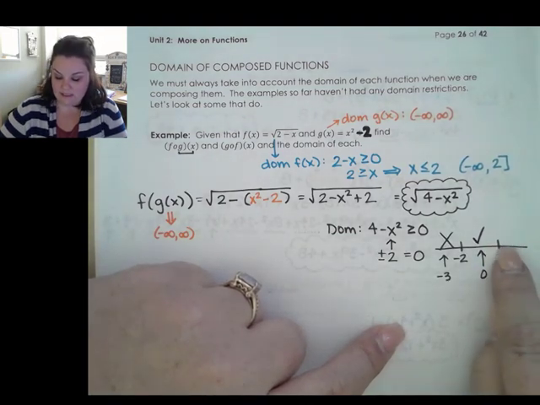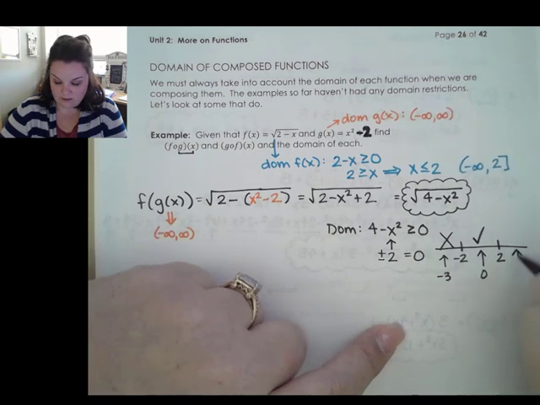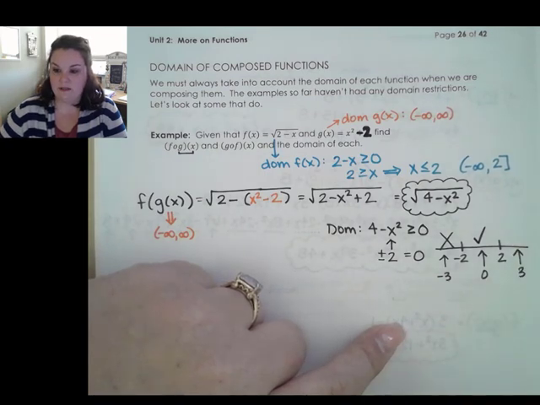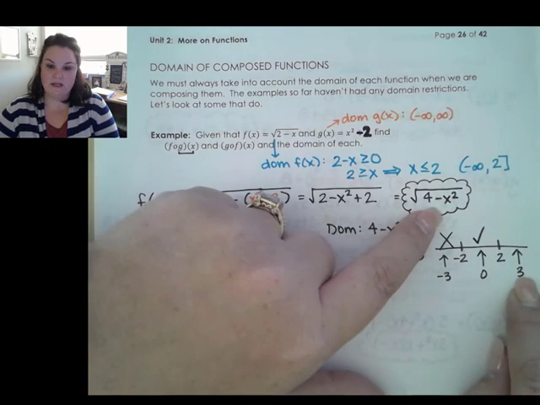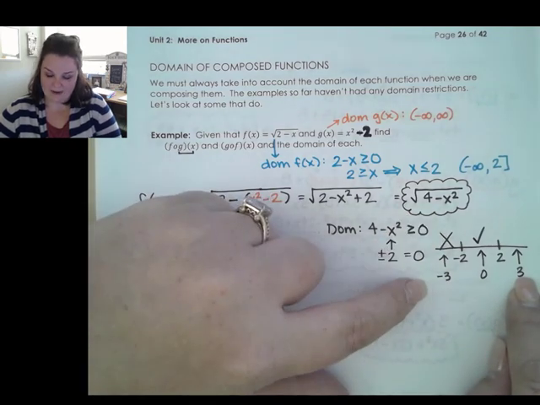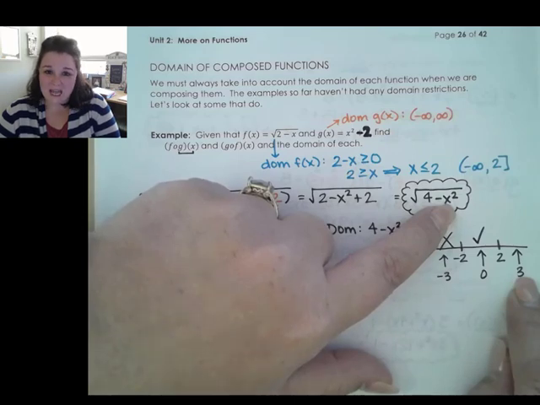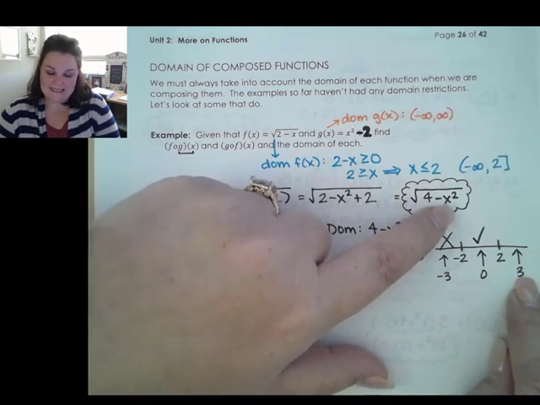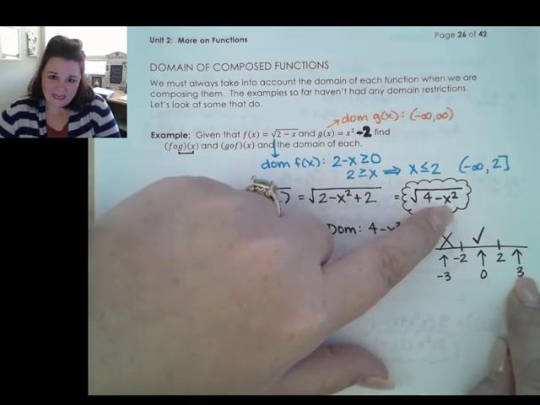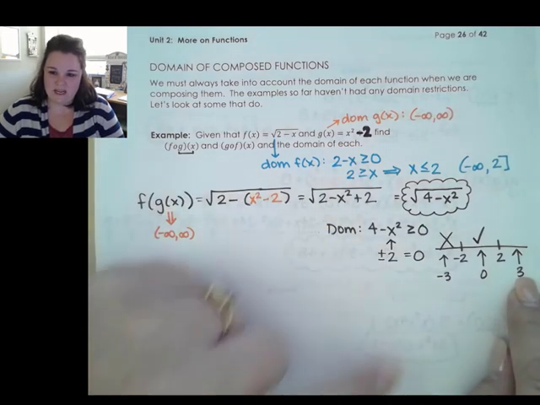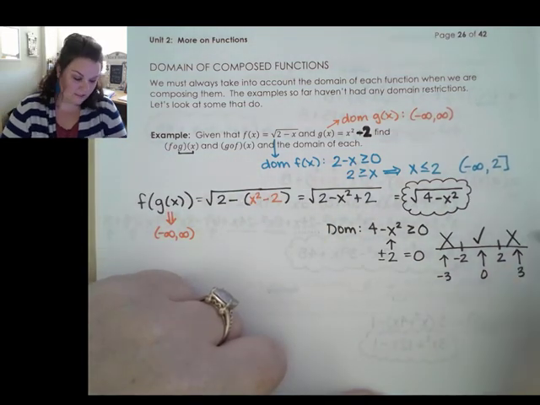And then let's look at something that's bigger than 2. So let's pick, I don't know, we could pick positive 3. If I pick positive 3 and plug it in here, I'm going to have the same problem I had with negative 3, right? Because positive 3 squared gives me a 9, and 4 minus 9 gives me a negative, and I can't take the square root of a negative number. So this interval doesn't work.